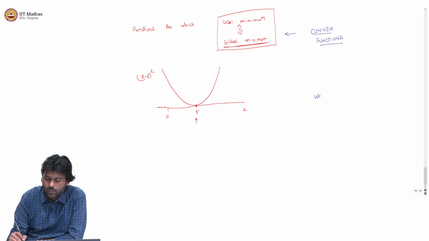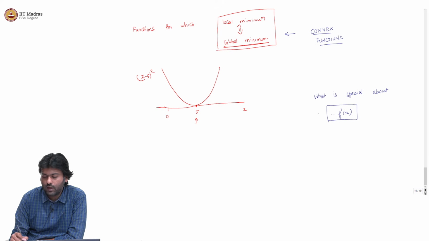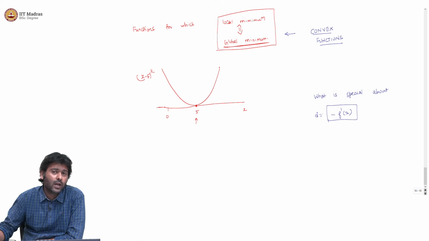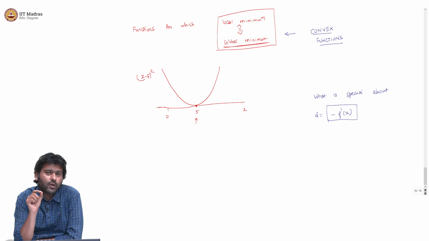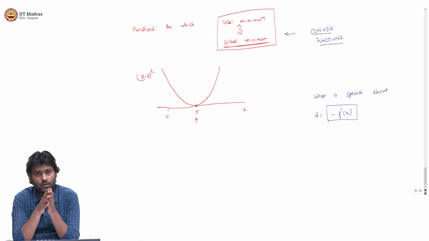What is special about the direction that we actually picked, minus f dash of x? This is the direction that we picked, and it seemed to work well for x minus 5 squared, but we did not really argue, or even give an intuitive argument, as to why this should work in general for any function. We will talk about this and more in the coming lectures.